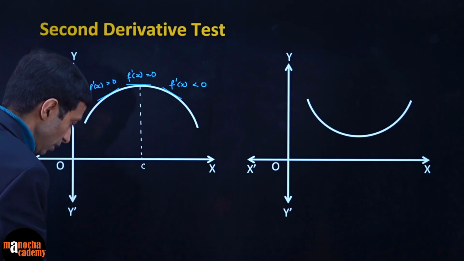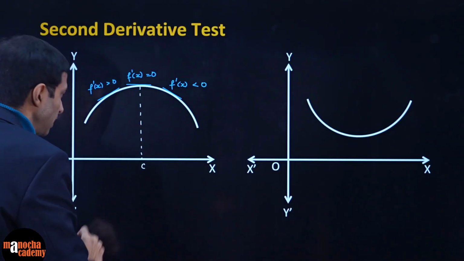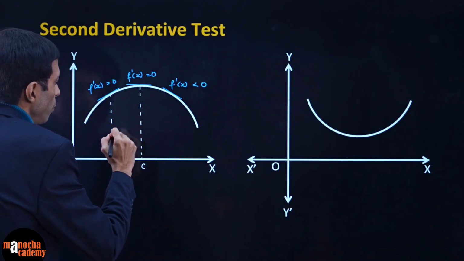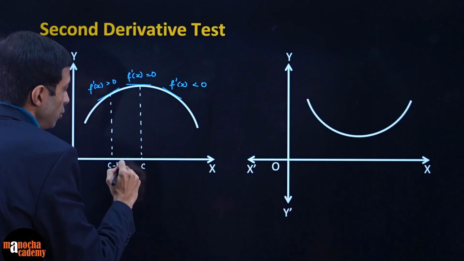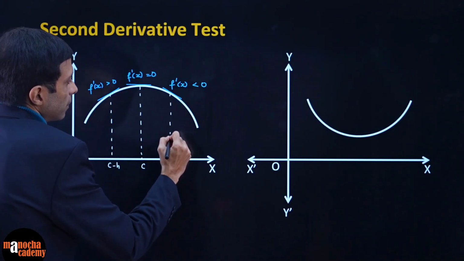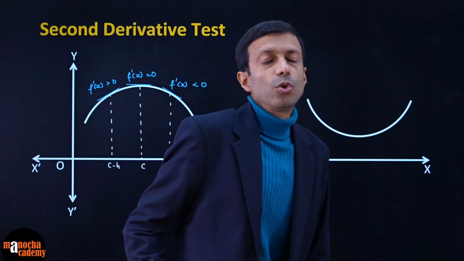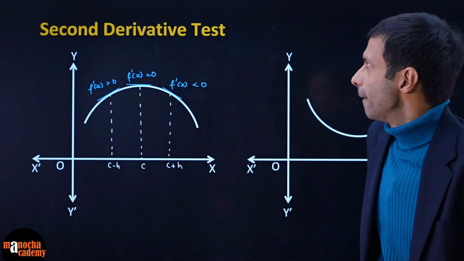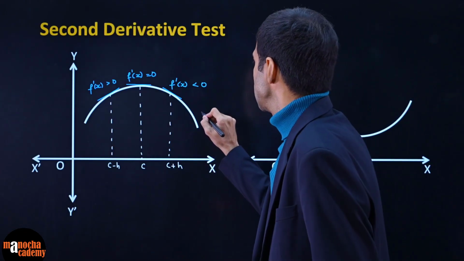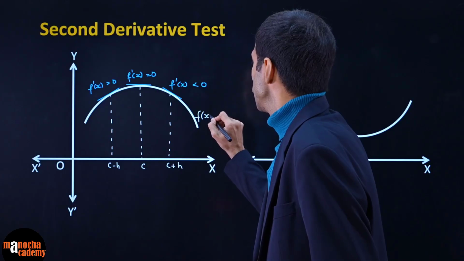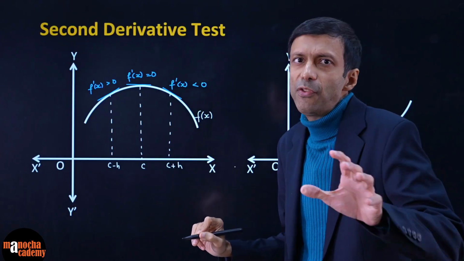Do you guys agree? So again, thinking in terms of that same point C, when you went to the left side, C minus h, and C plus h. Now I'll ask you one very interesting question. For a moment, forget about f(x).